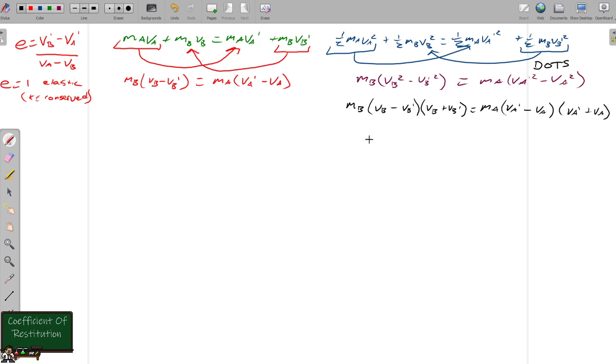Okay, so here's where we're going to take the two equations and divide them together. Remember, algebraically, if you want to divide one side of an equation by one thing, you have to divide the other side of the equation by something equivalent in order for it to still be an equality. So if I want to divide the left side of this equation by something to get rid of the VB minus VB prime, I would have to divide the other side of the equation by something equivalent.